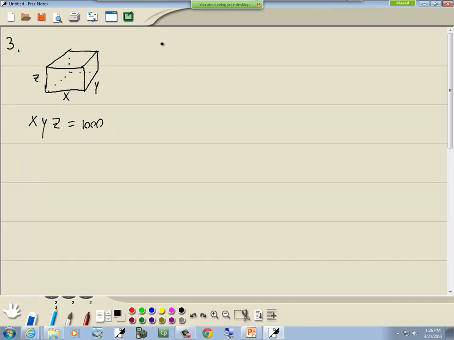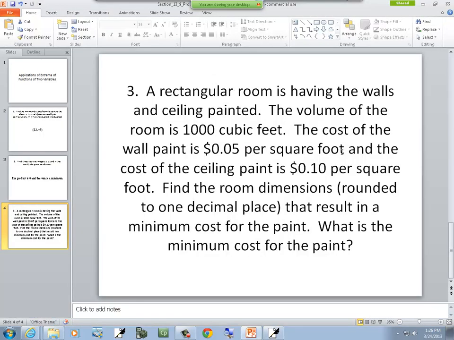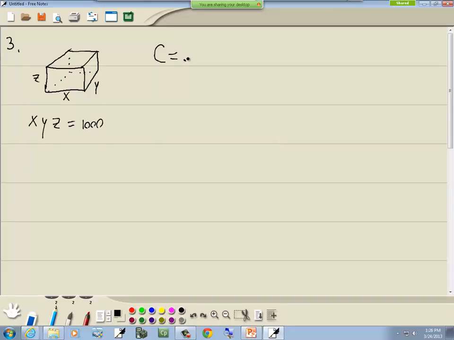Now our cost, which is what they're focusing on here, says the cost of the wall paint is 5 cents per square foot. So we need to take this 5 cents times the area of the walls. Well, if I look at the side over here, this side is Y, this side is Z, so that'd be YZ.